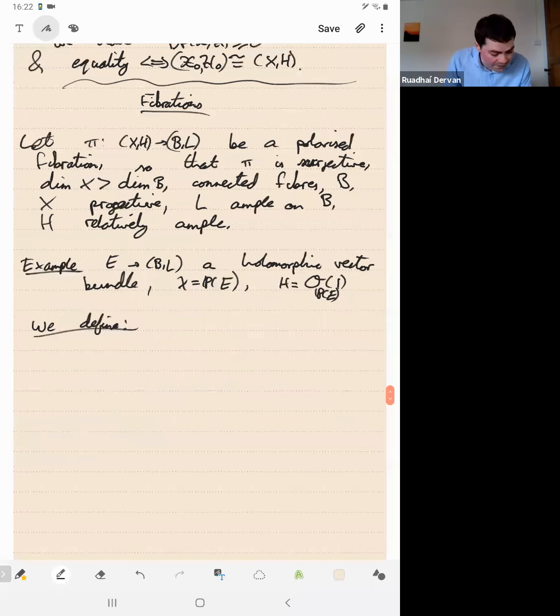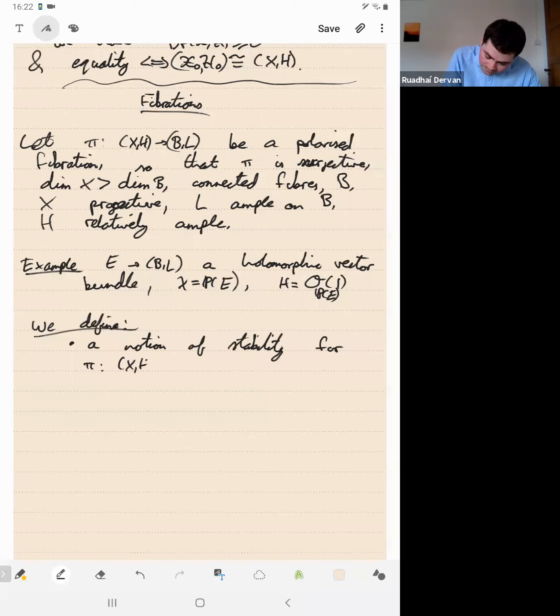The point of what I want to do today is to define a notion of stability for fibrations. So we define a notion of stability in this setup, for pi from (X, H) to (B, L). And I'll define a notion of what it means to be a canonical metric on such a fibration.